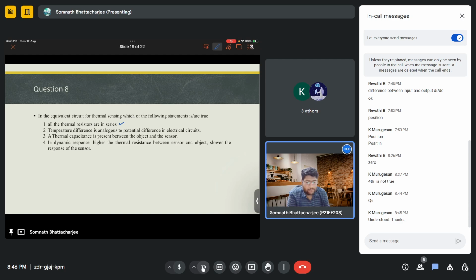But the second one, wherever there is a temperature difference, it's analogous to a potential difference, that is, the voltage difference in the circuit. Actually, it is, exactly because we are going towards an equivalent circuit.